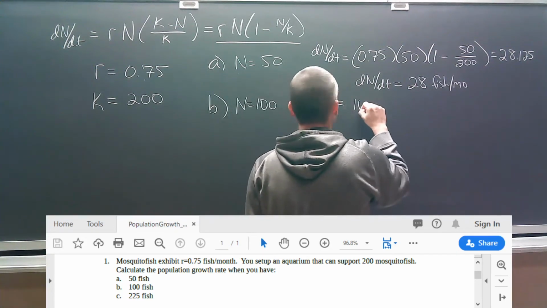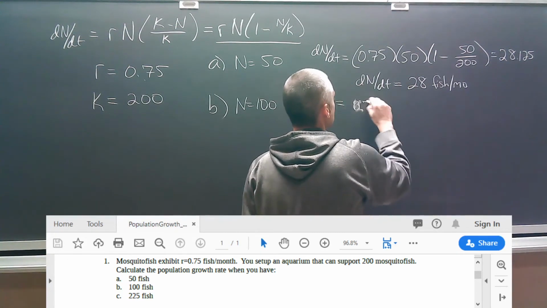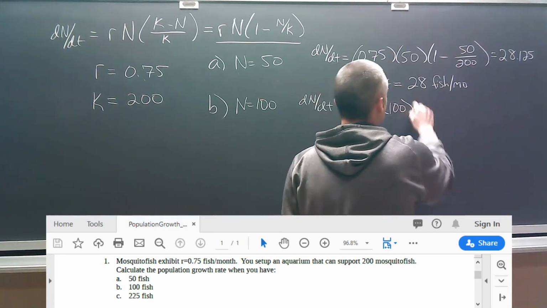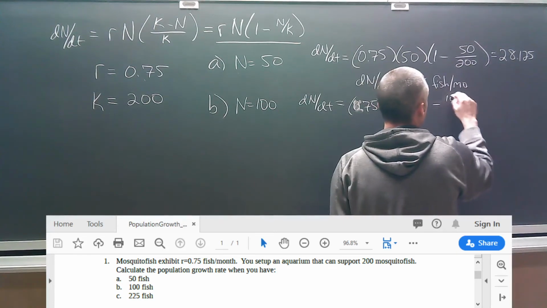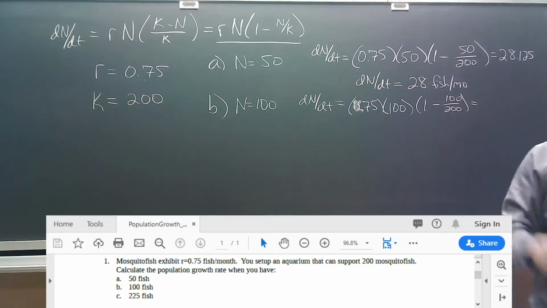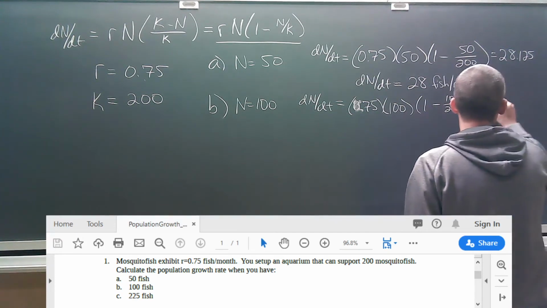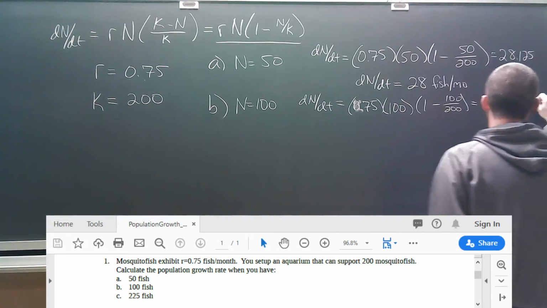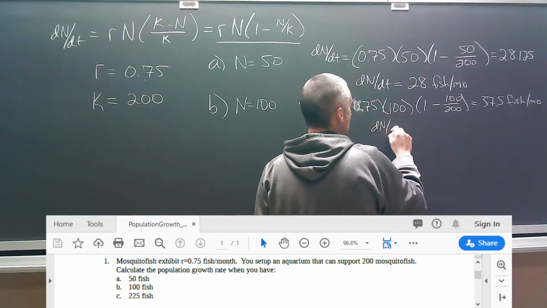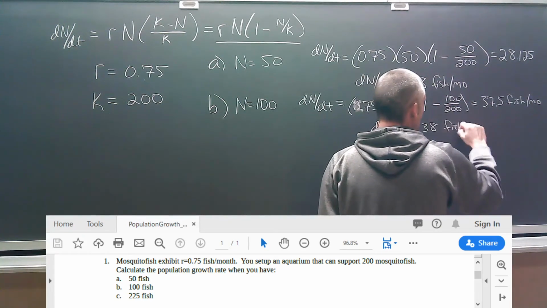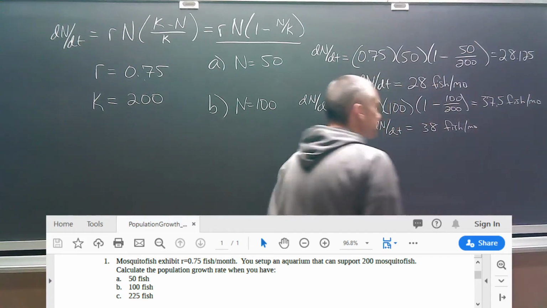It's equal to 0.75 times 100 times (1 minus 100 over 200). And again, I'd use my calculator, use the parentheses to solve this, and I get 37.5 fish per month, which rounds to whole numbers of 38 fish per month. And that's B.